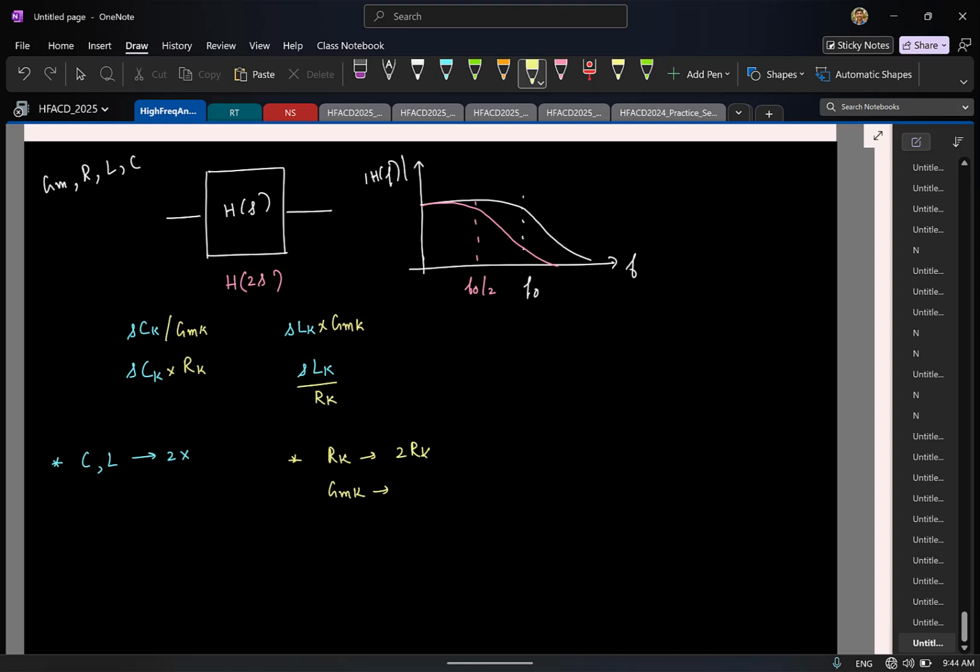I don't understand, sLk? That might not work for sLk. At that time, it will be sLk by 2. Okay, fine. Sorry. Fine, let's only look at this.